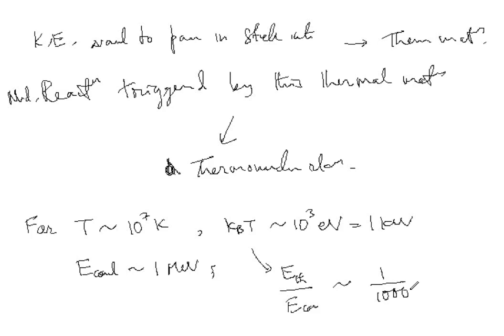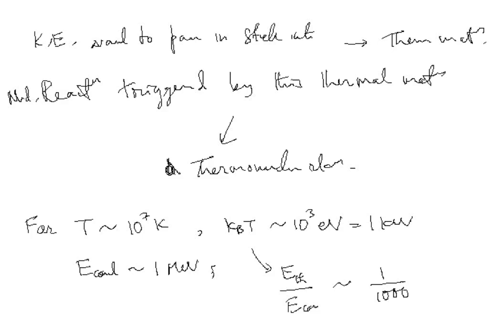So our thermal energy is of the order of 1000 times lower than the Coulomb barrier, and this is in fact so low that with classical effects only we can scarcely expect any reaction at all.